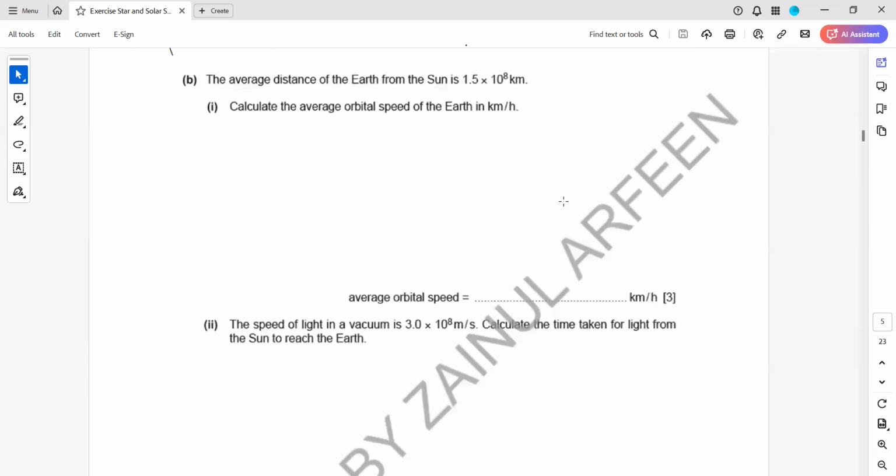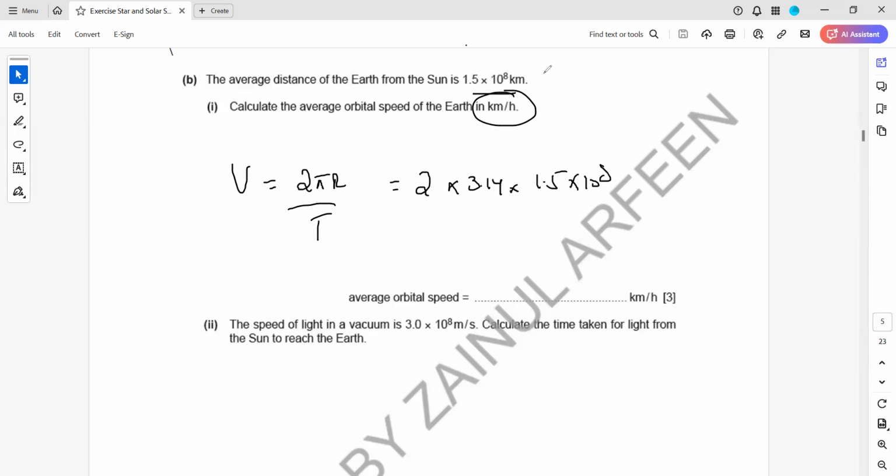The average distance of the Earth from the Sun is 1.5 × 10^8 kilometers. The average orbital speed of Earth: if we need the orbital speed of the Earth, it is 2πr divided by T. We need kilometers per hour. So it will be 2 multiplied by π, 3.14, multiplied by the radius, which is 1.5 × 10^8.